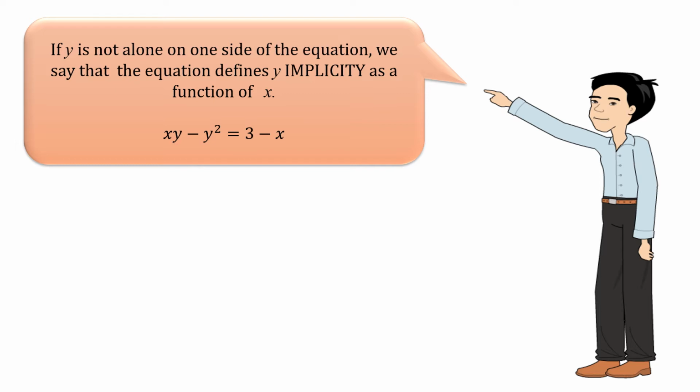Some of the implicit functions can easily be changed to explicit functions. Some other implicit functions will give more than one explicit function. Sometimes it's very difficult or impossible to change an implicit function to an explicit function.